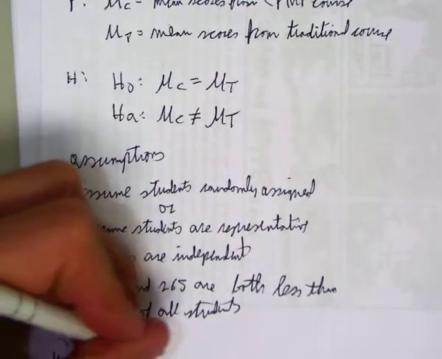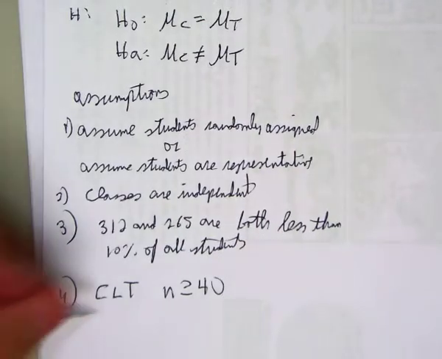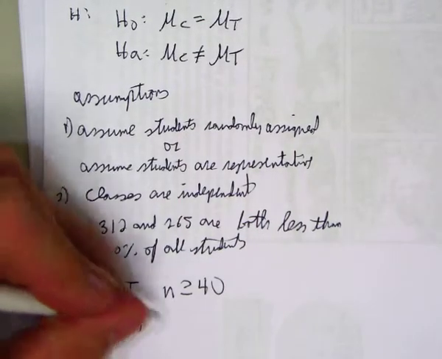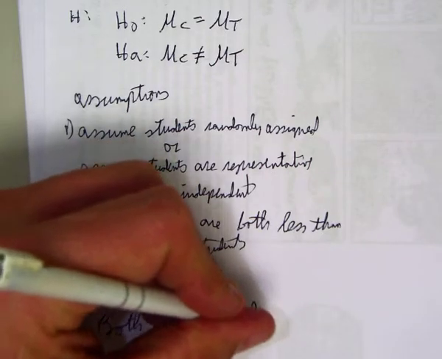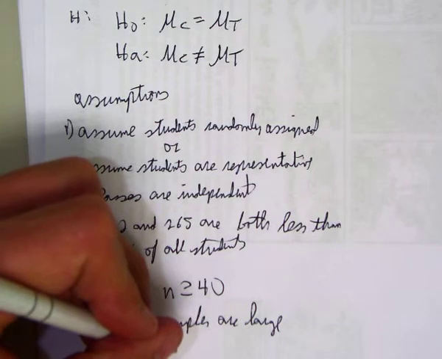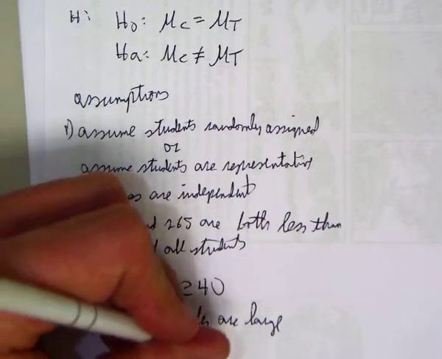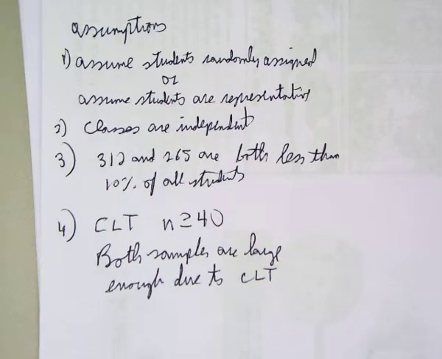Remember that we said at least if our n size is at least 40. Well, in this case, both samples are large enough due to the central limit theorem. We definitely have large enough samples. That should not be an issue.